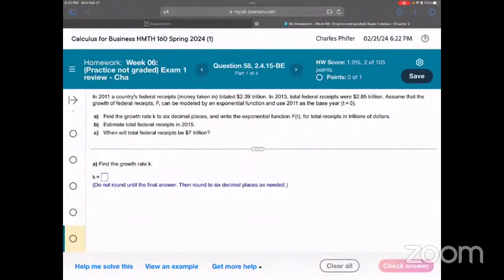In 2013, the receipts were 2.85 trillion. Assume that the growth of the federal receipts F can be modeled by an exponential function and use 2011 as the base year, where t equals 0. Find the growth rate to 6 decimal places and write the exponential function for the total receipts in trillions of dollars. What does that tell us? It tells us that's like scientific notation.